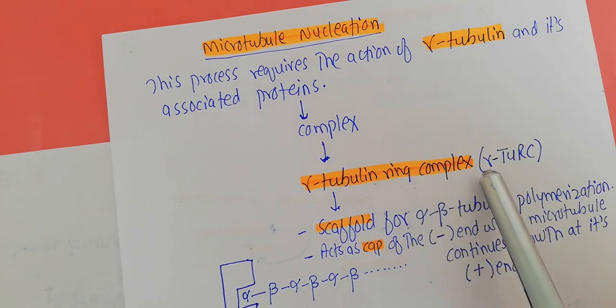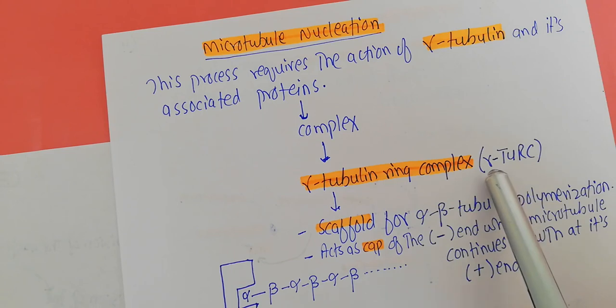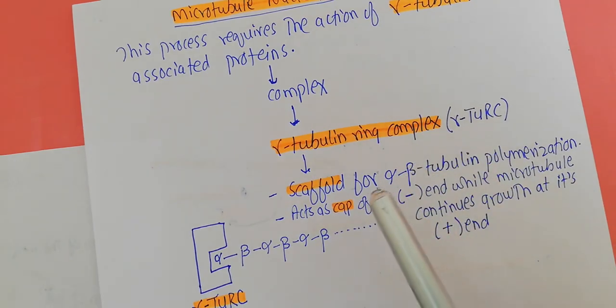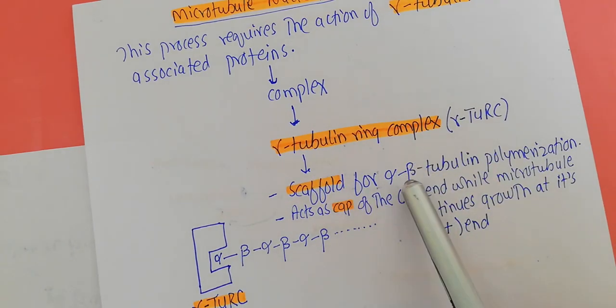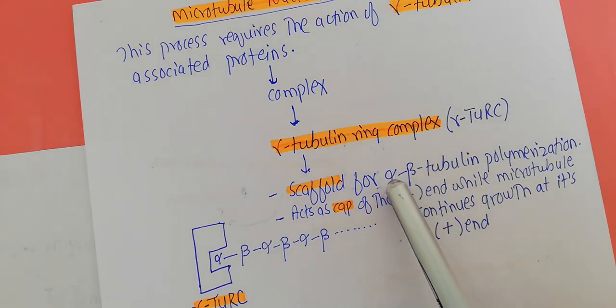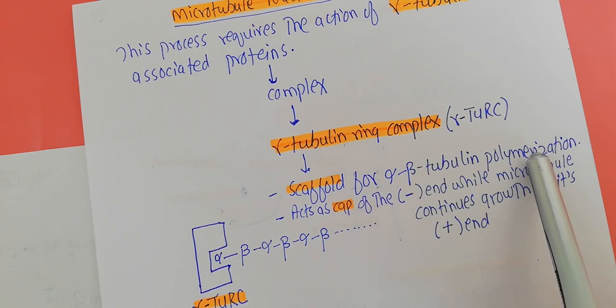For short, that is known as the gamma TuRC. The Tu is tubulin, this is the ring, and that is the complex. This is referring to the gamma protein. Now this gamma tubulin ring complex acts as a scaffold for alpha-beta tubulin polymerization, which of course refers to the polymerization of microtubules.